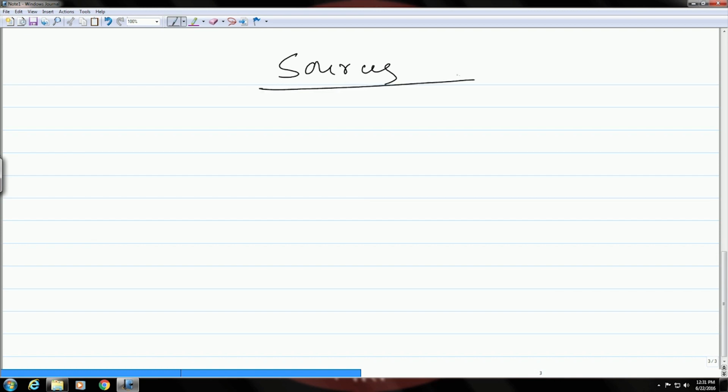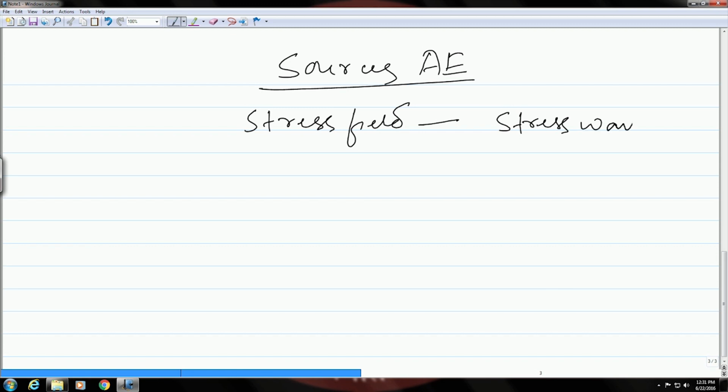So, if you look at the sources of acoustic emission, as I said, you need a stress field which will generate these stress waves, which will propagate through the sample and will be received by the sensor.